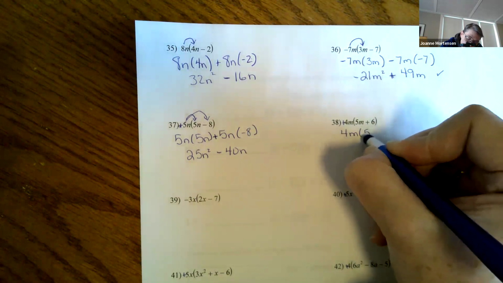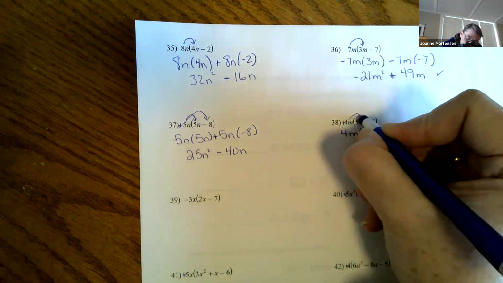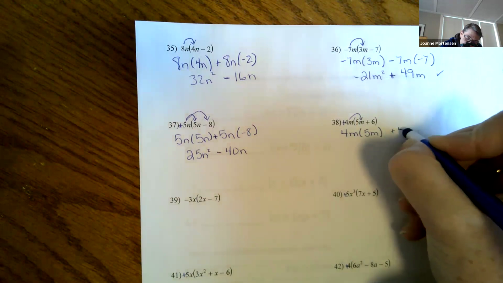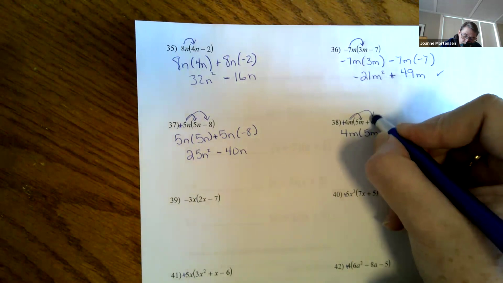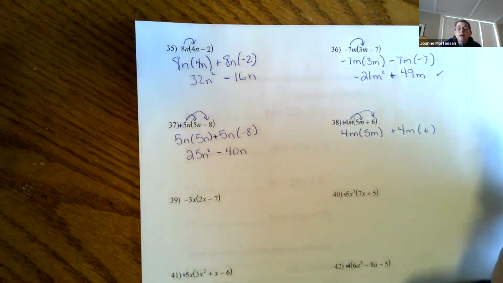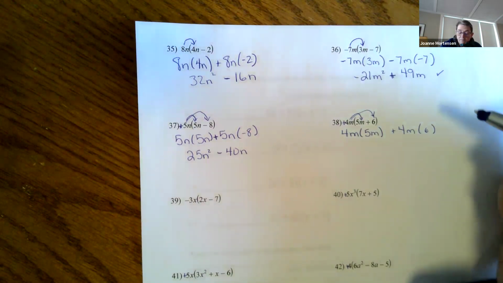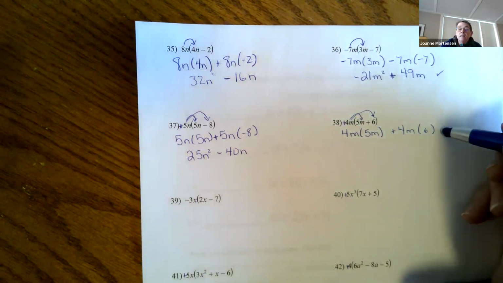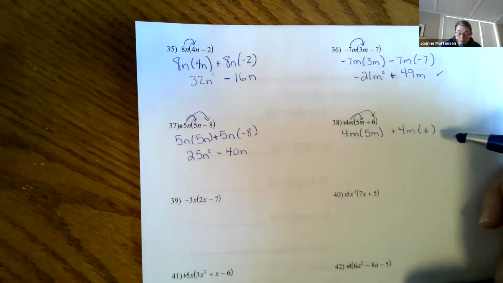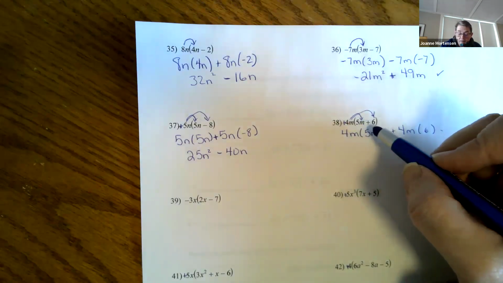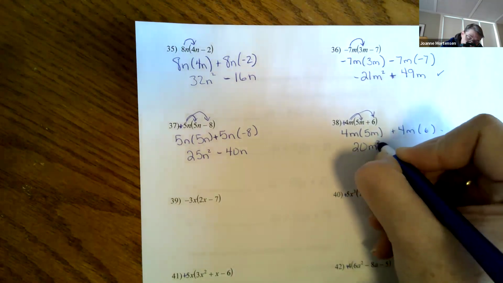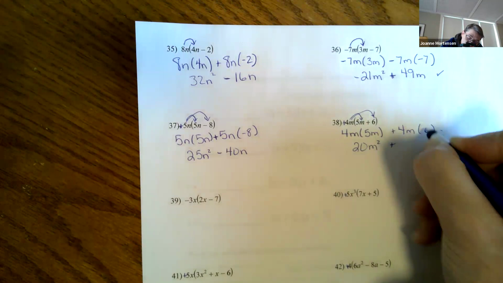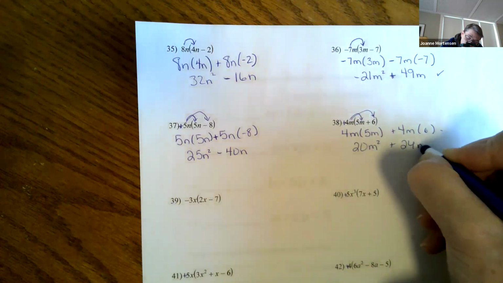4m. So for a question like this, I'm not necessarily going to be looking for this line because I think a lot of you by this point can just do this in your head. 4 times 5 is 20m squared plus 4 times 6 is 24m.